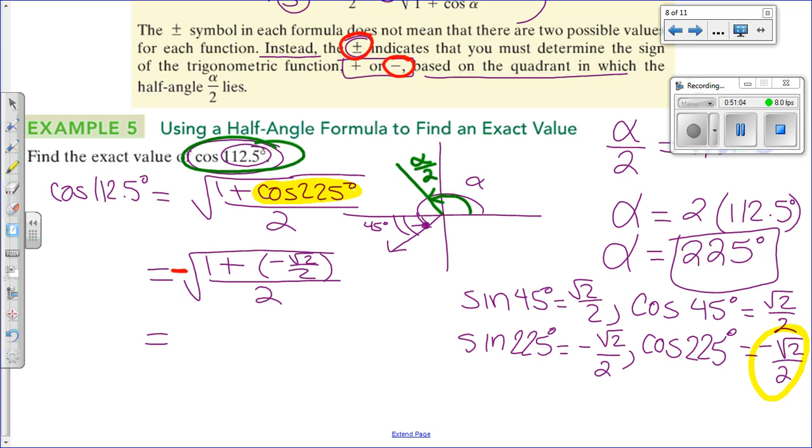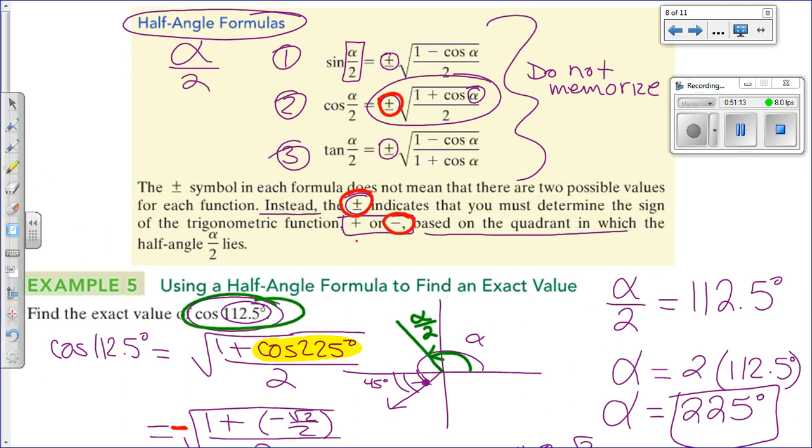In case you don't know what I'm talking about, we have here plus minus. That doesn't mean that you use both. You have to make a decision, either or. So we chose the negative.